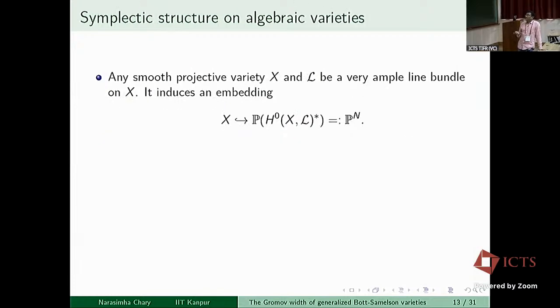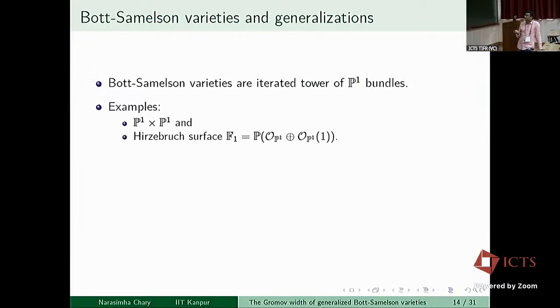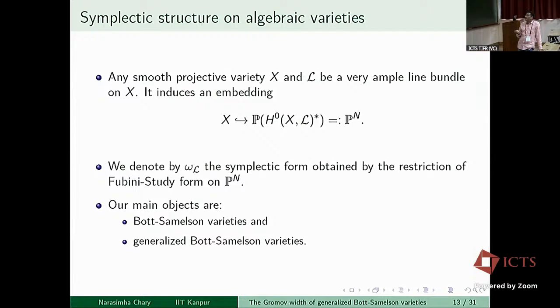So, as I said, I come from the algebraic side, so my objects are smooth algebraic varieties. Maybe you might ask, how do you get a symplectic form on it? You have a polarization on your smooth projective variety, so you have a natural embedding of X into projective space.